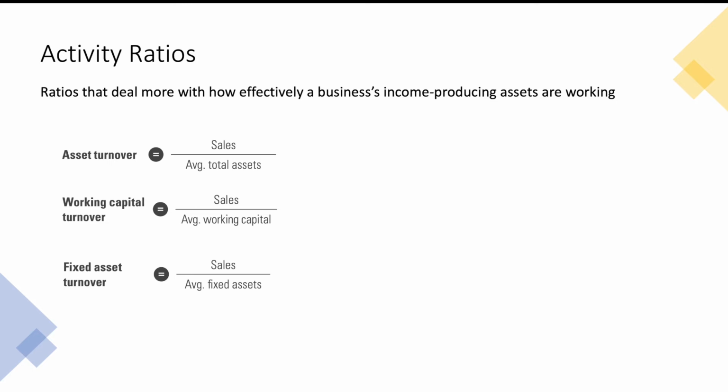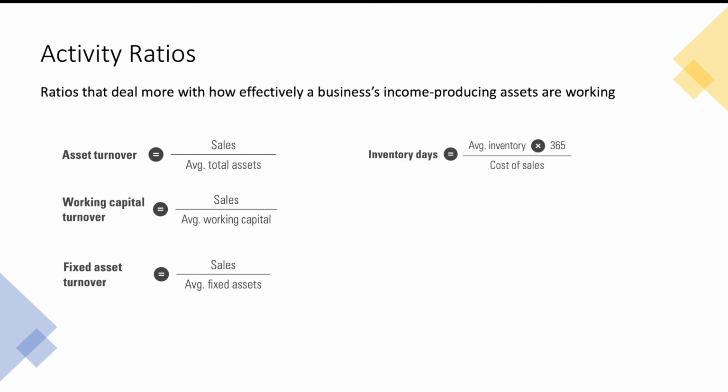So just keep that in mind, balancing it out. The fixed asset turnover is similar to asset turnover, but just for the investment in fixed assets only. The working capital turnover is similar to asset turnover, but just for the investment in working capital. So the asset turnover is the main thing.